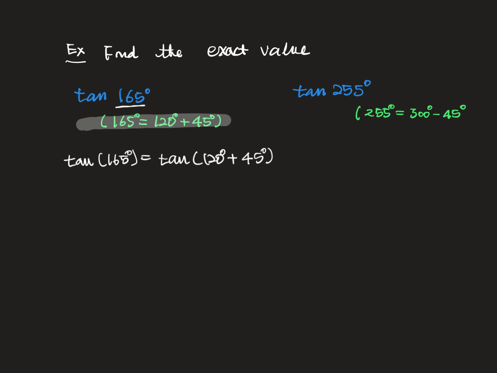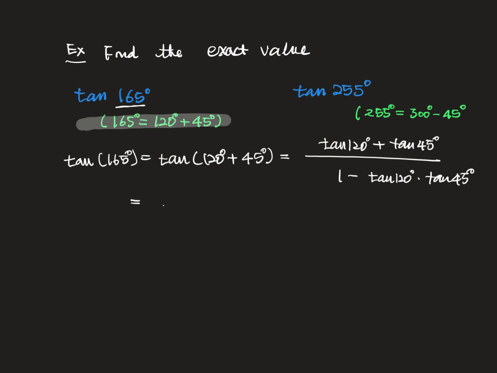One more time, guys, that's not the only way to find 165. So this one is, the formula says, tangent 120 plus tangent 45 over 1 minus tangent 120 times tangent 45.